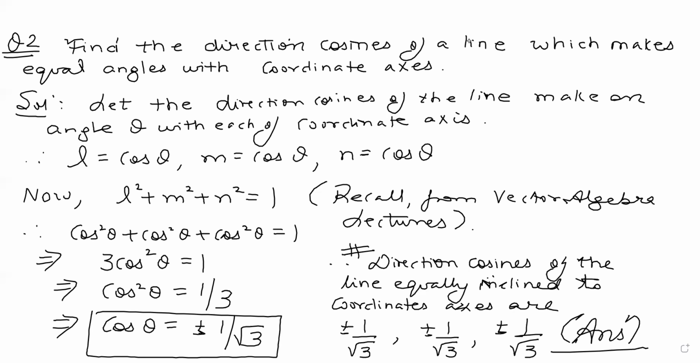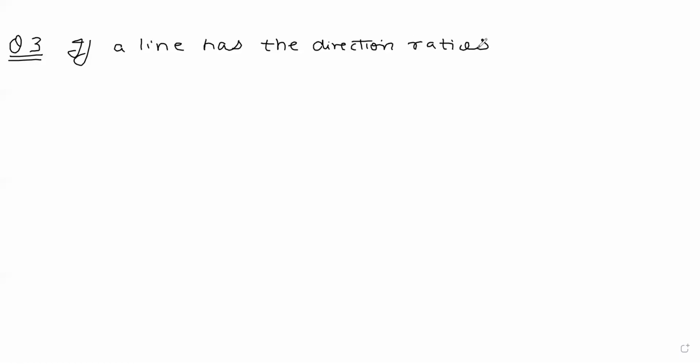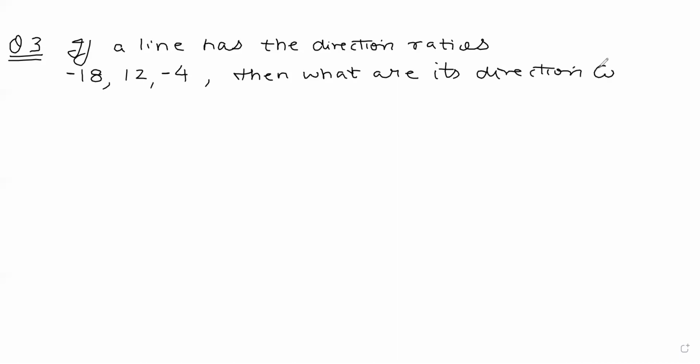Let's quickly look at question 3, guys, of the exercise. If a line has the direction ratios minus 18, 12, minus 4, then what are its direction cosines?